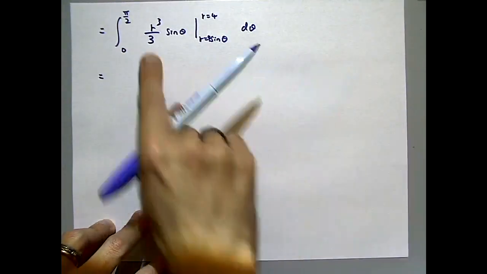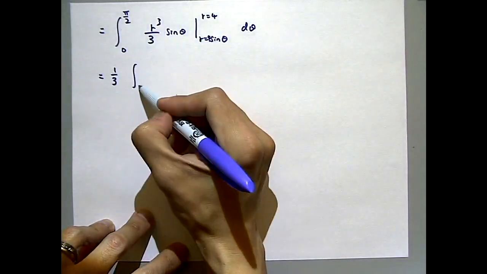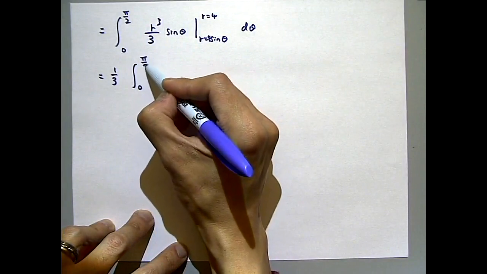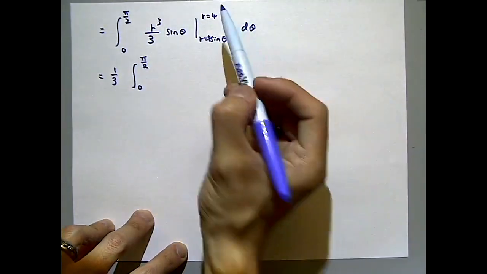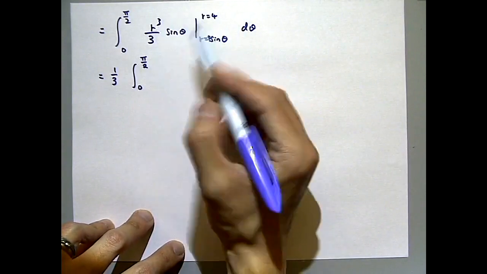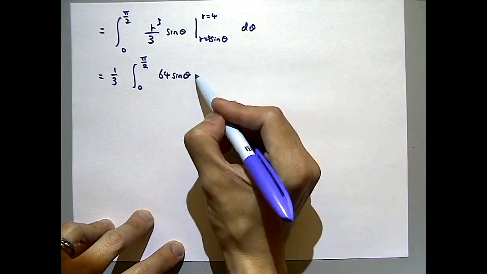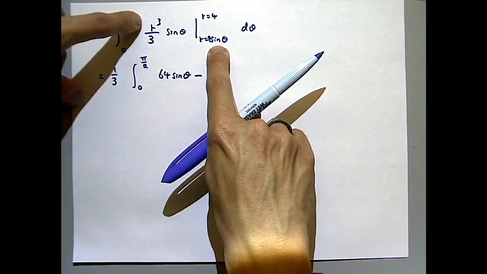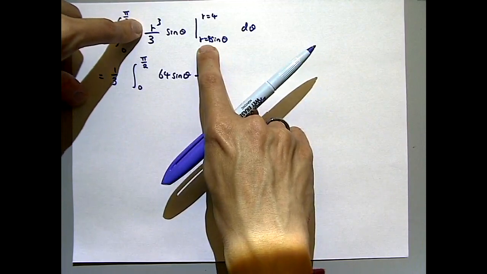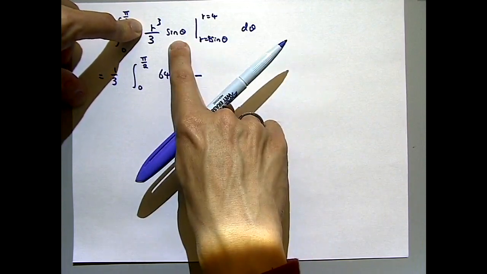Now let's keep going. I'm going to pull this 1/3 out, just to get it out of the way. Now, when I'm substituting r is equal to 4, I get 64, 64 sine theta, minus, now this goes in for r, so that's 64 sine theta cubed times already 1 here.